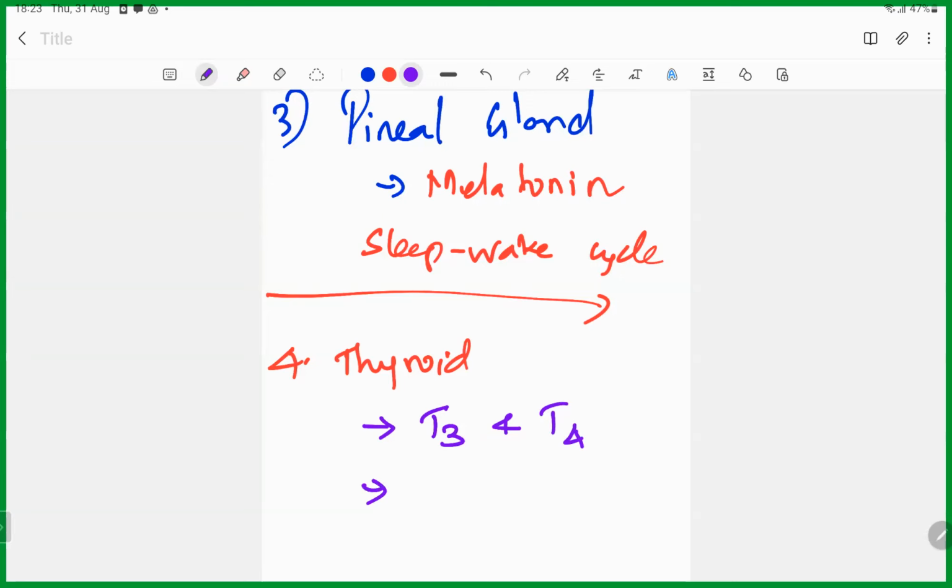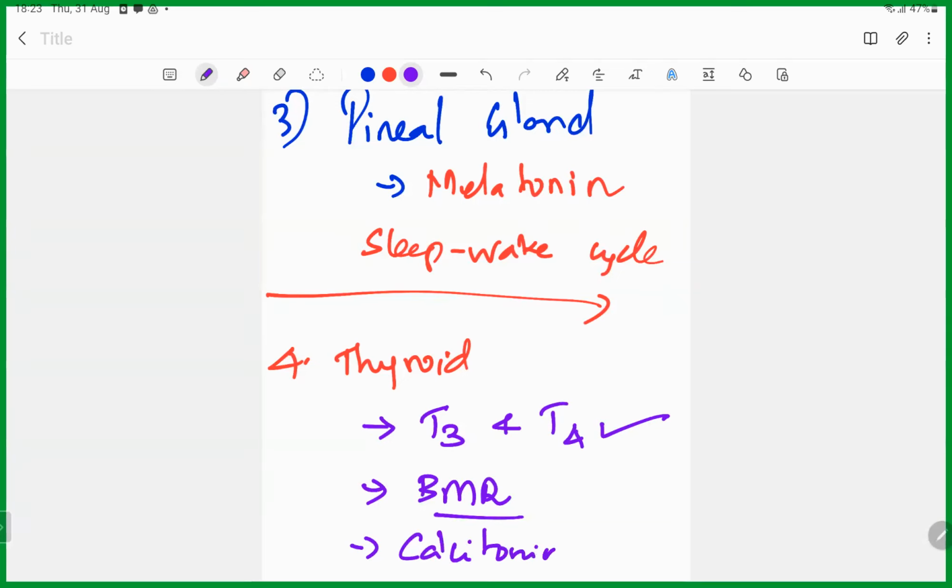What is the function of the thyroid gland? BMR, basal metabolic rate. That's the main function of the thyroid gland, and it also produces calcitonin. T3, T4 hormones control basal metabolic rate, and then calcitonin.